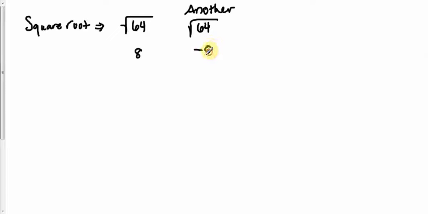Negative 8. Because 8 times 8 makes 64, and negative 8 times negative 8 also makes 64, doesn't it? So how are you going to know when they want the positive root or the negative root? I'll tell you that shortly, okay?